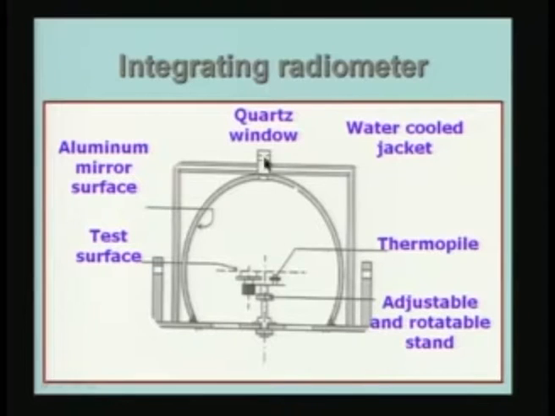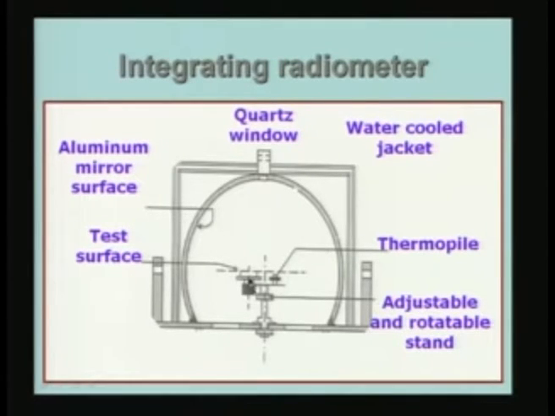If you take this as the vertical axis, the sample, or the test surface, is placed here, and the thermopile, which is the detector for radiation, is placed on this side, such that whatever light leaves this place will, after being reflected and focused, impinge on the thermopile. It is a focusing arrangement.